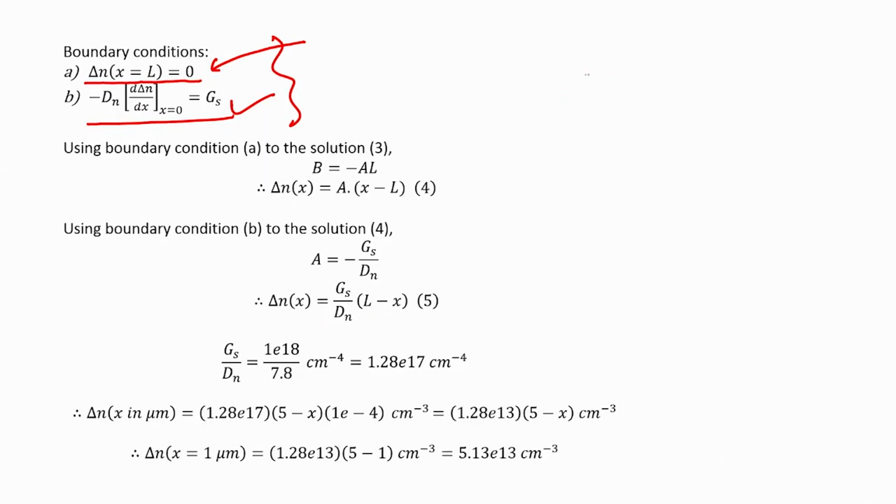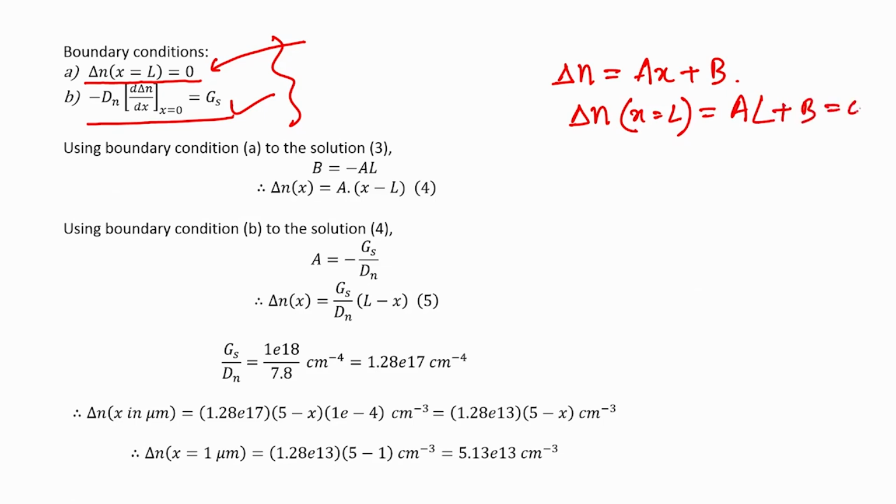Now, the general solution is del n equal to Ax plus B. Plug in the first boundary condition. It states that del n at x equal to L is equal to AL plus B, that is equal to 0.